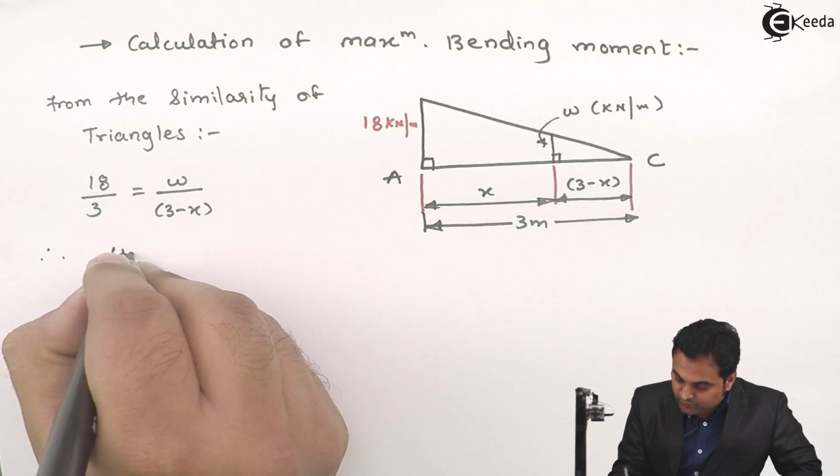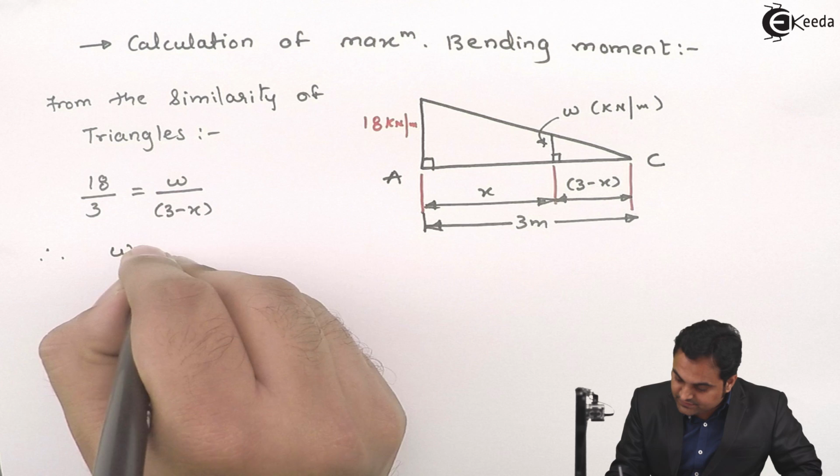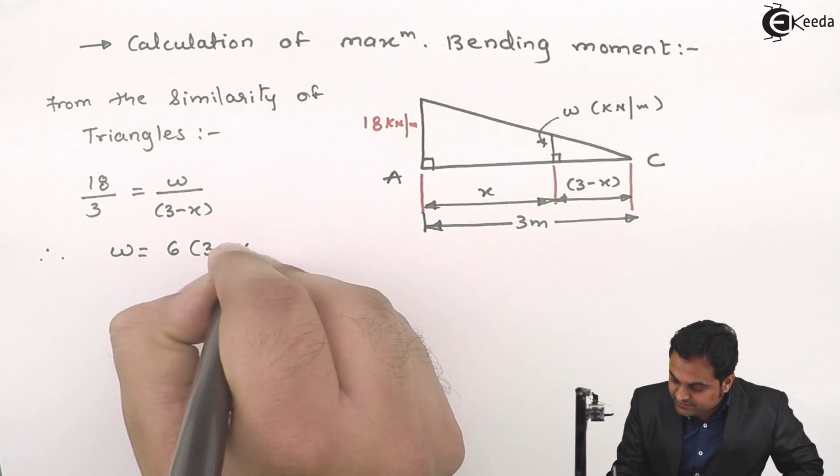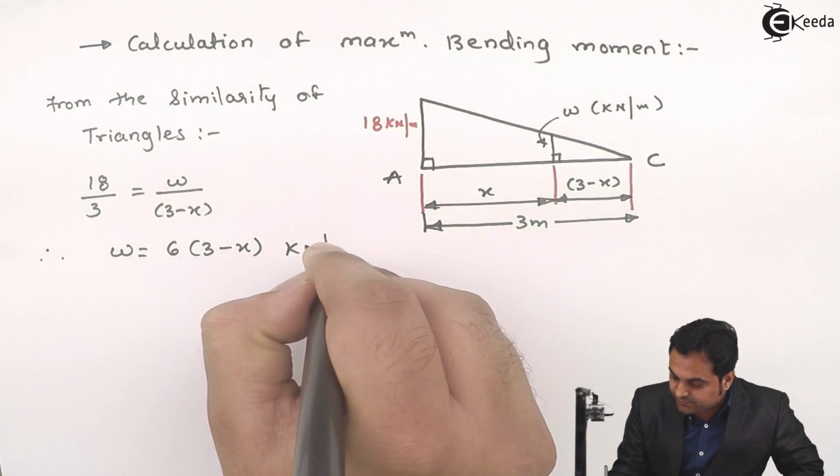So therefore W will be 6 into 3 minus x in terms of kilonewton per meter.